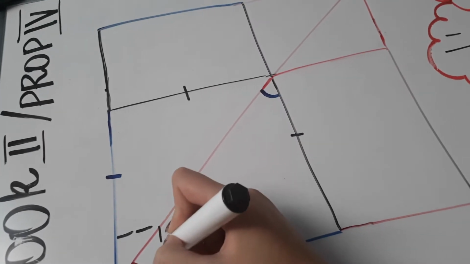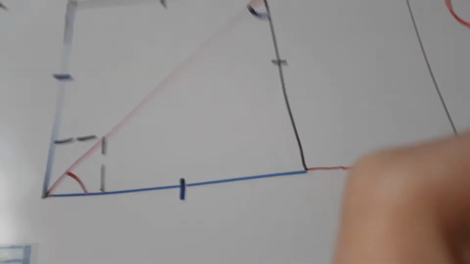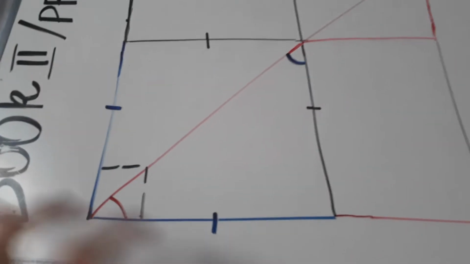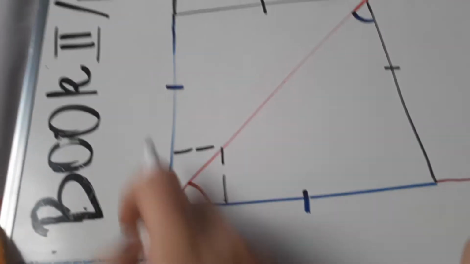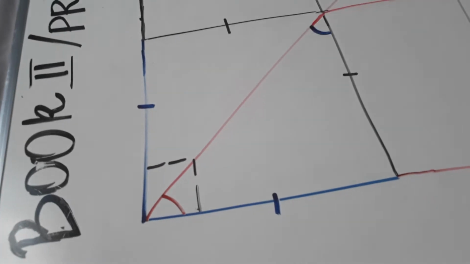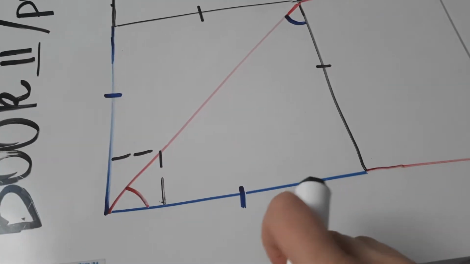When we built this figure together, we did it with a right angle here, because when we did it like this, one equal to this one. We did a right angle right here, so we have this a right angle. So let's look here.